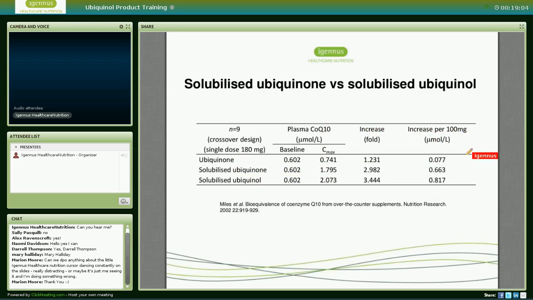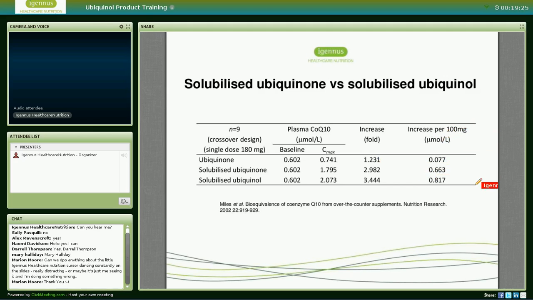So our non-solubilized coenzyme Q10 fared the worst. When we solubilize coenzyme Q10, again ubiquinone, we do increase the bioavailability, and we also increase, quite well actually, the 100 milligram per mil plasma levels.